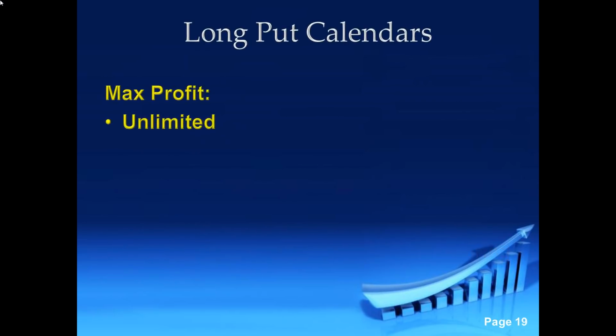All right. So our max profit I have here is unlimited. The reason why is if you let that front month put expire worthless, or you take it off for very little, for a nickel or something like that, which I would suggest anytime you can take off a short option for a nickel, to take off that risk. It's not worth riding that extra duration out for the extra nickel.